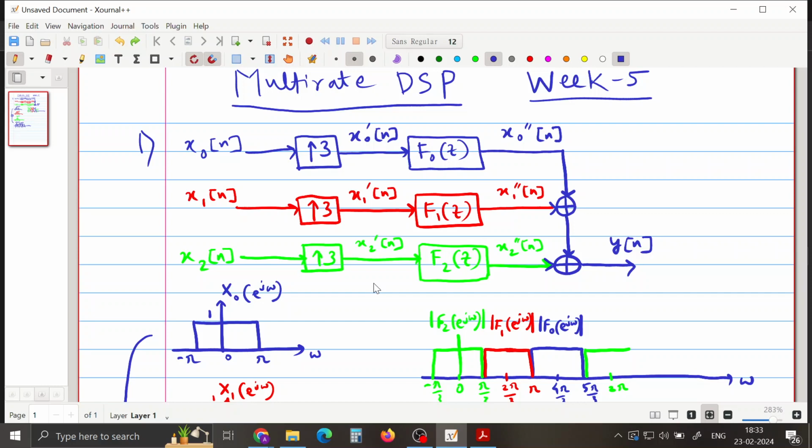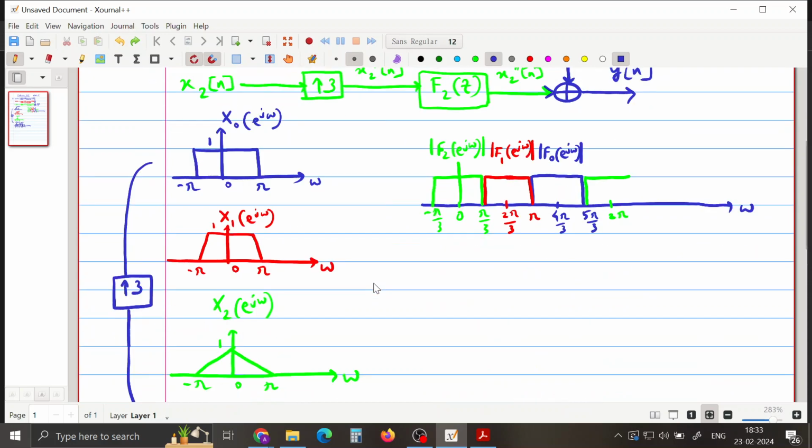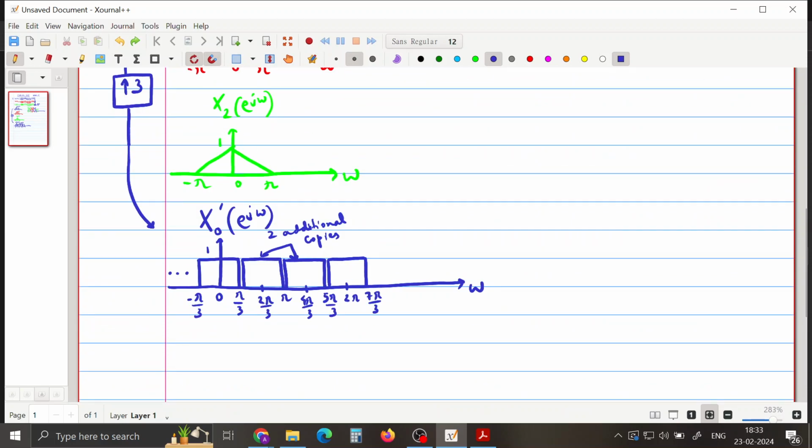In time domain we do convolution, but in the frequency domain we have multiplication, right? So this x naught prime of e power j omega is filtered through this f naught of e power j omega to give me x naught double prime of e power j omega on the topmost branch.